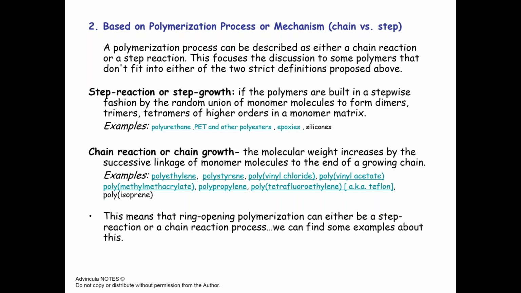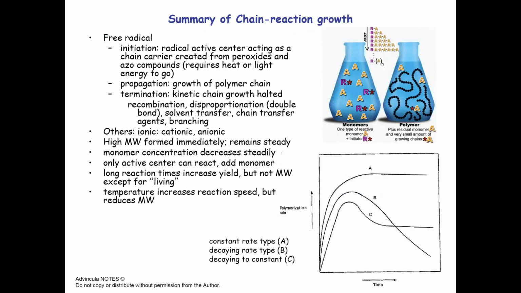That also can go through a chain or even a step growth reaction. Now, in summary, a chain growth reaction requires an initiation step, a propagation that produces the linear chain, let's say, and then a termination which halts or stops the polymerization.